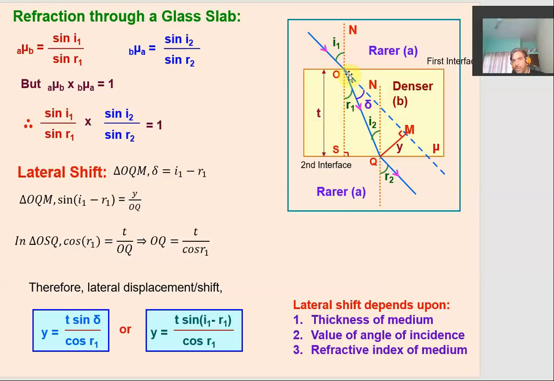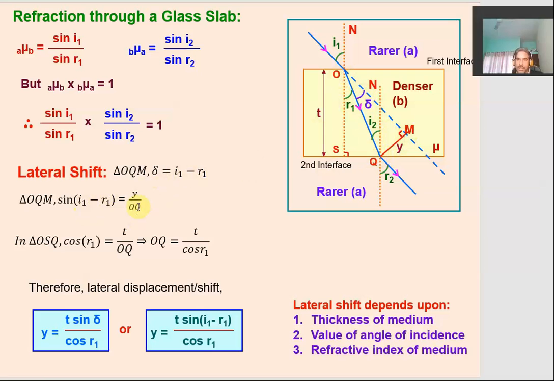So in this triangle OQM, this angle is delta, or we can call it I1 minus R1. We are going to find the trigonometric ratio sine of I1 minus R1 in this triangle, which is nothing but perpendicular upon hypotenuse. The perpendicular is given by Y and the hypotenuse is OQ.